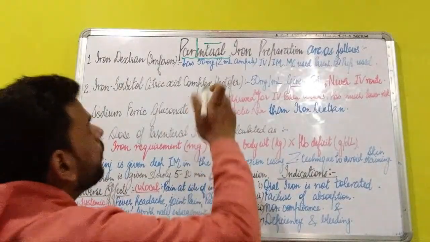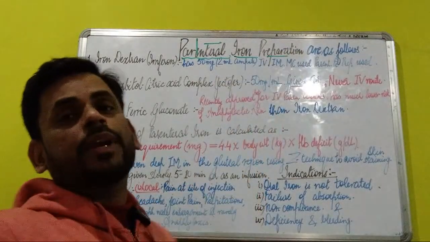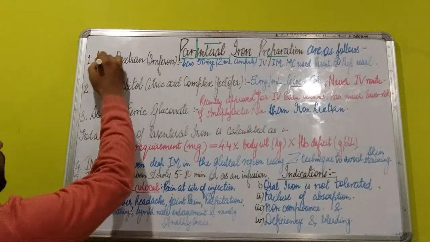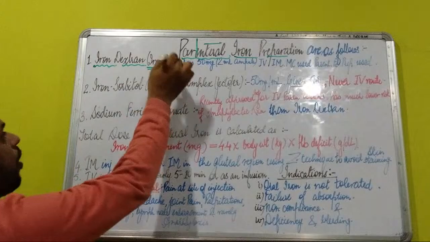So in this video, when we are talking of the parenteral iron preparations, they are as follows. First is the very commonly used iron dextran, which comes under the brand name of Imferon.